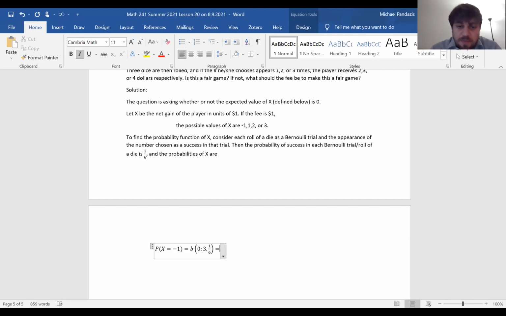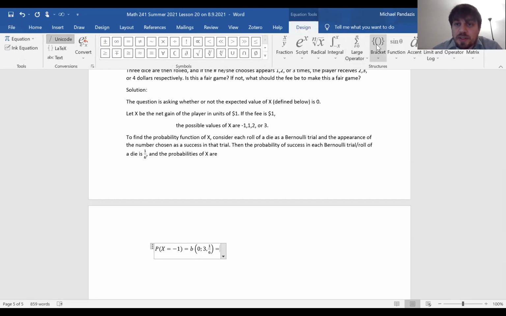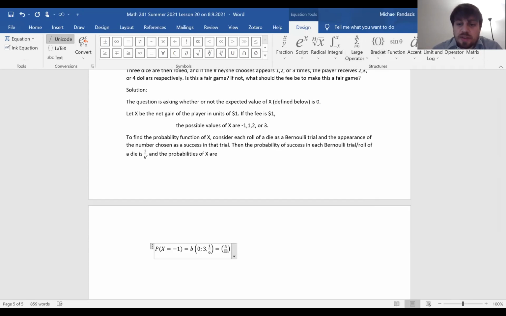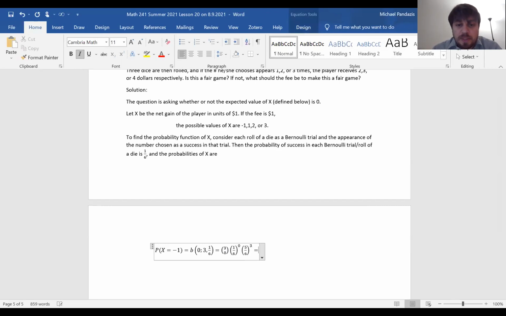And so the value of that expression, you're just calculating the value of a binomial probability function. That's 3 choose 0 times 1/6, the probability of success, raised to the 0th power because you succeed 0 times, times 5/6, the probability of failure, raised to the 3rd power because you fail 3 times.